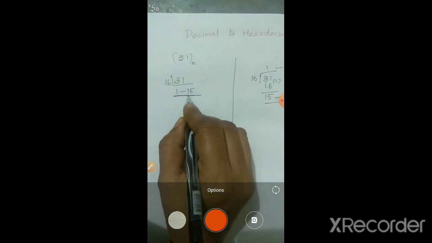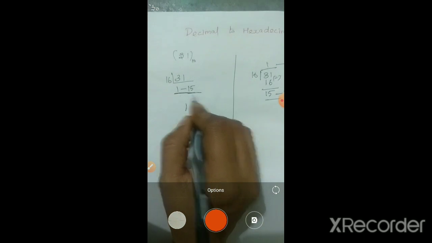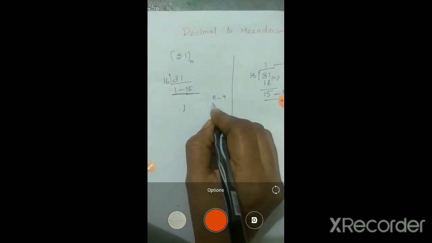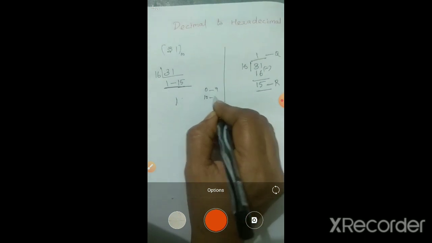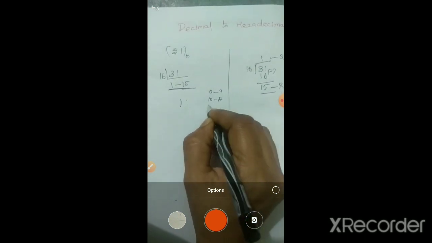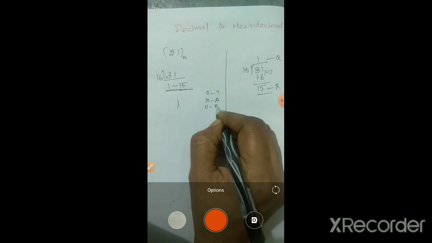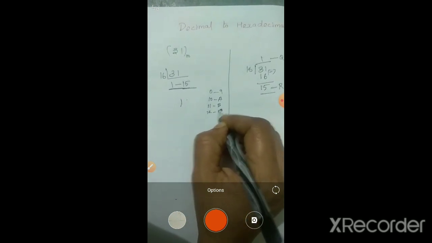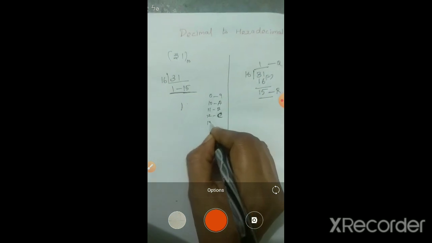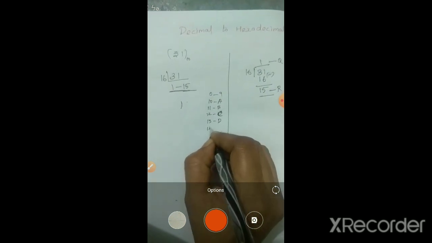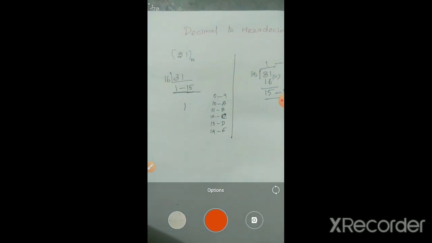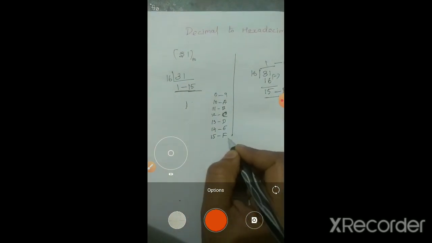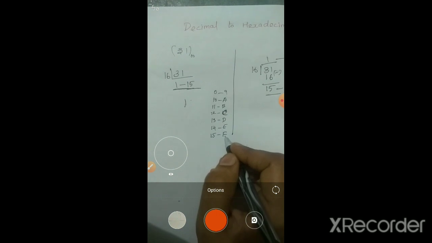1 and 15. Does the hexadecimal number system have 15 as a digit? No, only 0 to 9. After 9, 10 is denoted by the alphabet A, 11 is B, 12 is C, 13 is D, 14 is E, 15 is F. Are you understanding?